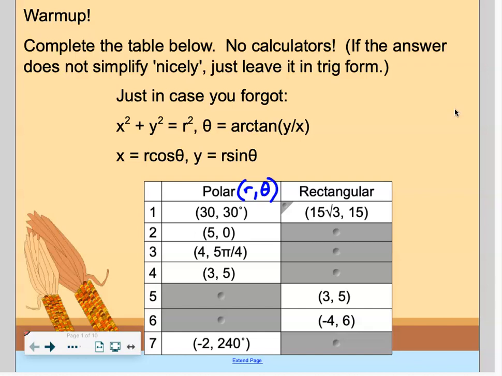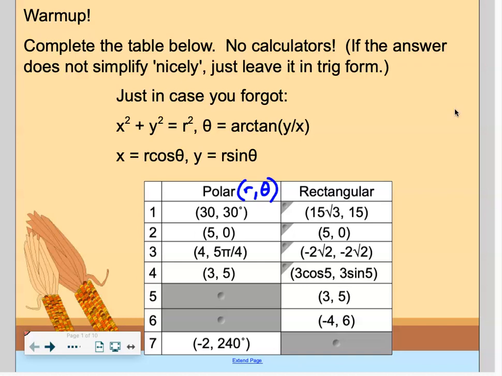Yes. 100%. Well done. Okay, so the rest of these are all just following the same kind of process. Good.